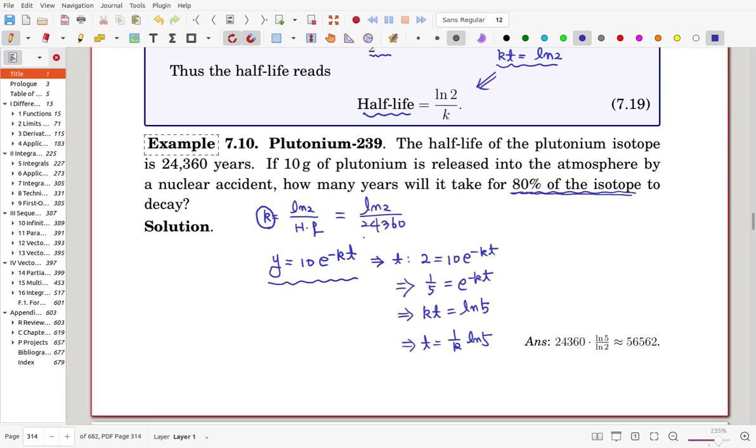Now we already know k is given this way, so use that, and if you find the numeric value, it is 56,562 approximately. Okay. In that way, you can solve the problem. Here, the first line is used for the determination of k.